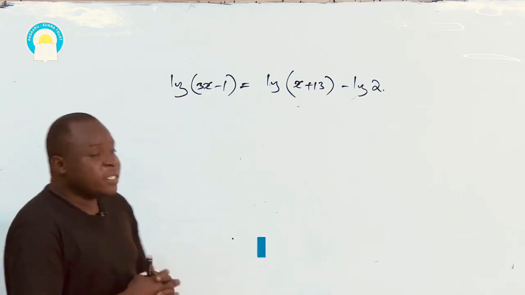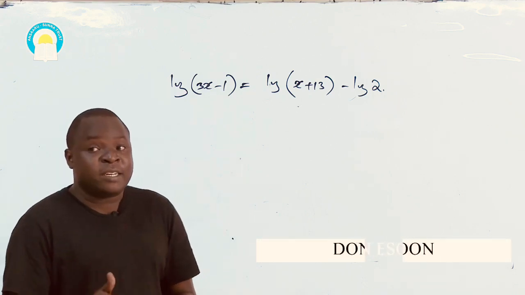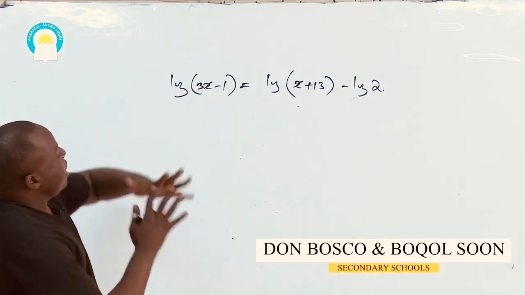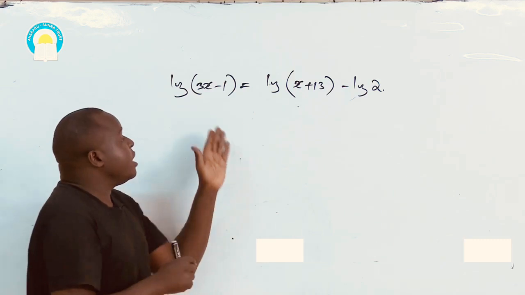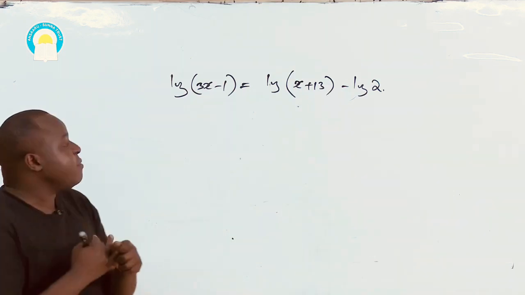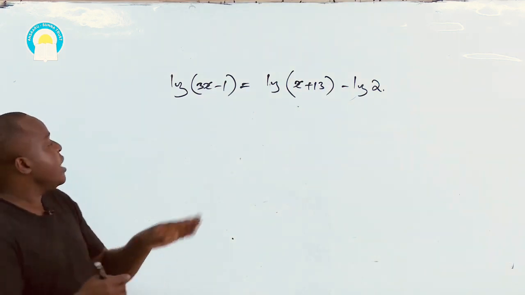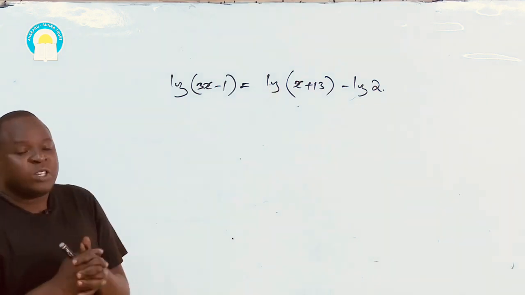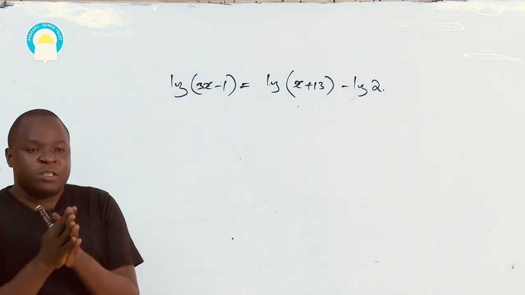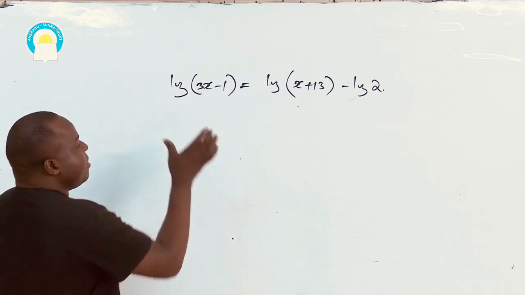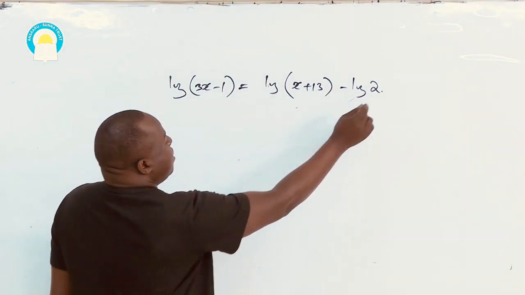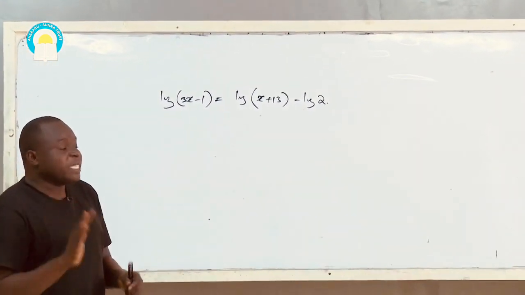The first example is very direct. If you want to solve a logarithmic equation, the rules are, first of all, make sure that every number in the equation is in the form of logs. If I look at this, every term is a log, this is a log, that's a log, so that first part is okay.